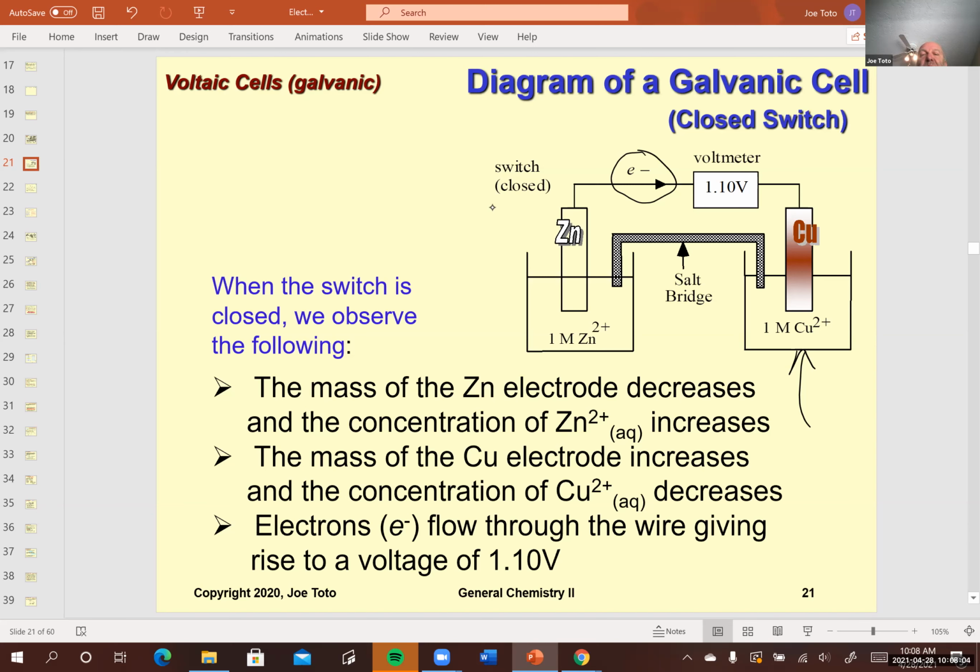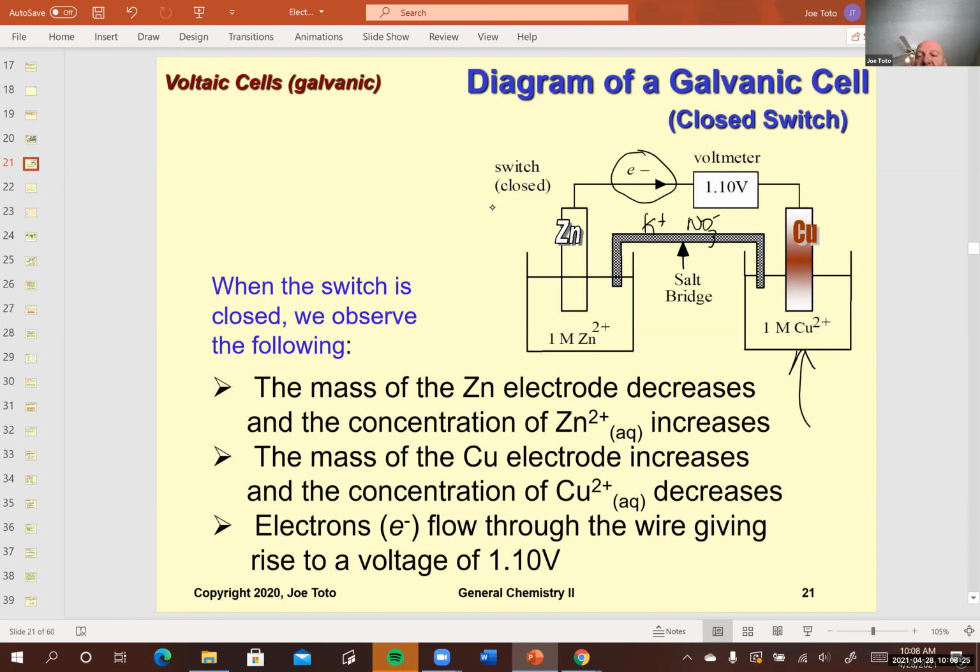In order to neutralize this negative charge buildup, we connect the salt bridge. In lab, your salt bridge is going to be made up of potassium nitrate, so you have a salt solution in there.